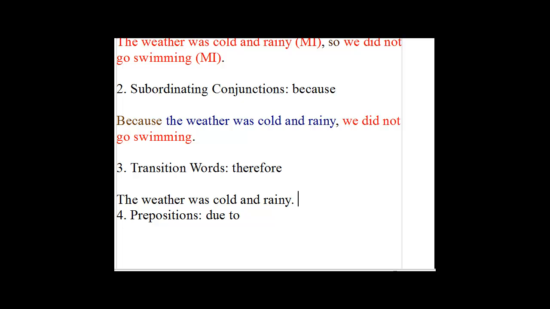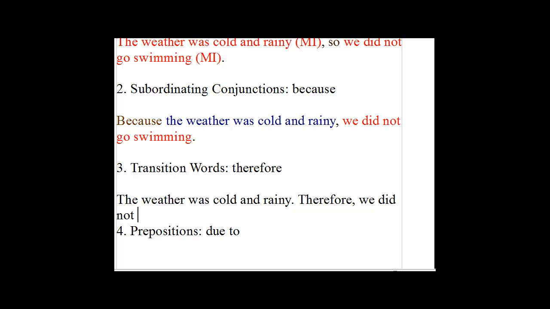Now this is tricky. You got two choices here. I'll show you the two possibilities of doing this. Here, we could say the weather was cold and rainy, period, therefore we did not go swimming. Now sometimes students will do this. They'll change it to a semicolon, then they put therefore, comma.